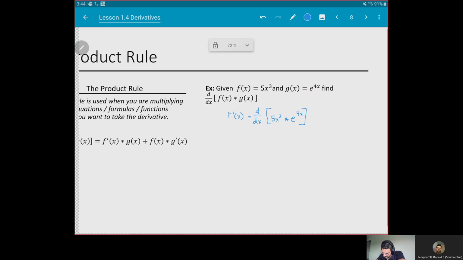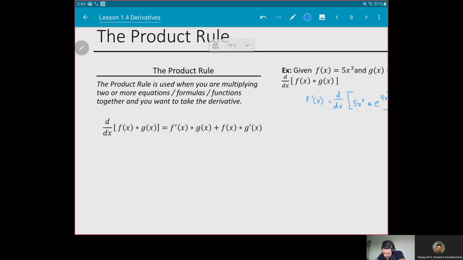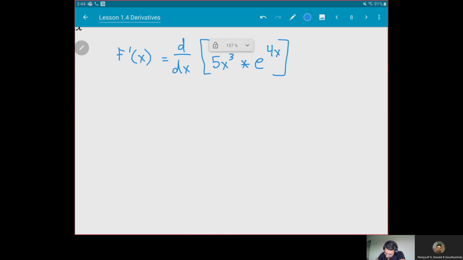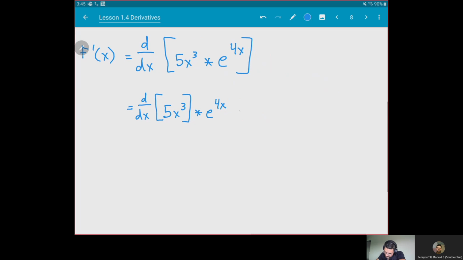Okay, and if we look over here, that lays out the pattern. So it's going to be the derivative of the first item times the second item, not the derivative, plus the first item, not the derivative, times the derivative of the second item.